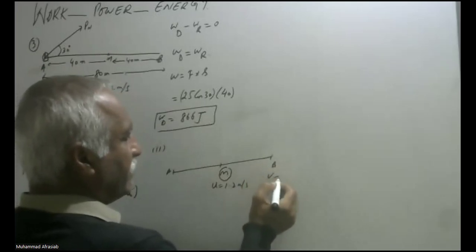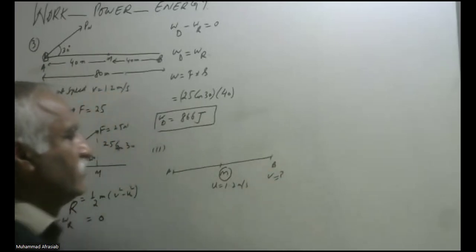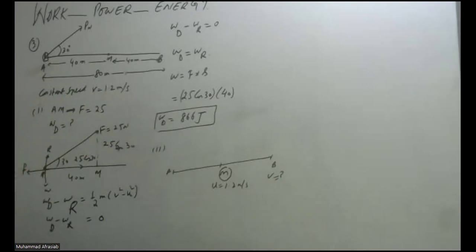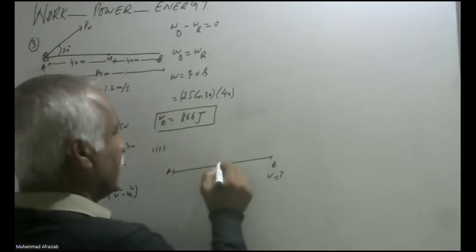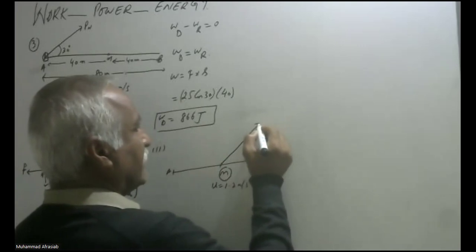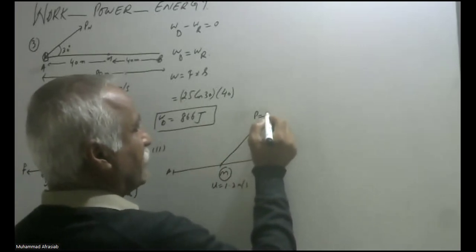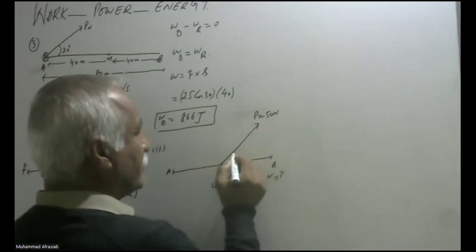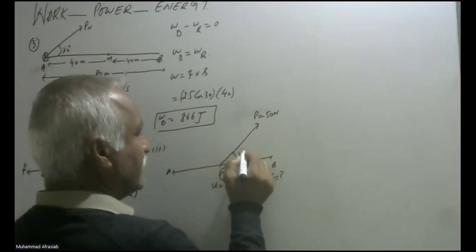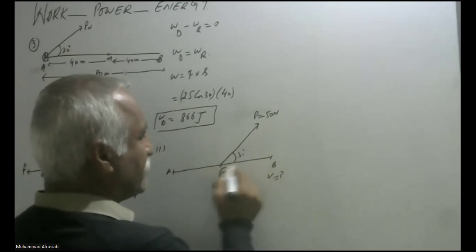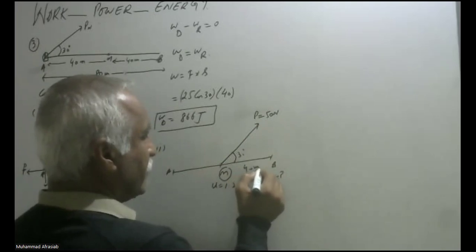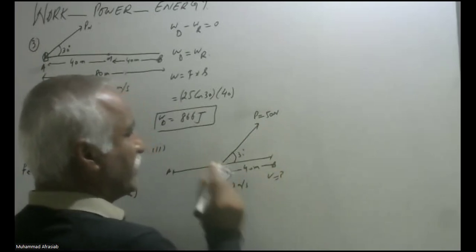The speed at B is to be calculated, let's say V. The force P is now equal to 50 Newton, and this angle is 30 degrees. The distance from M to B is still 40 meters because M is the midpoint.